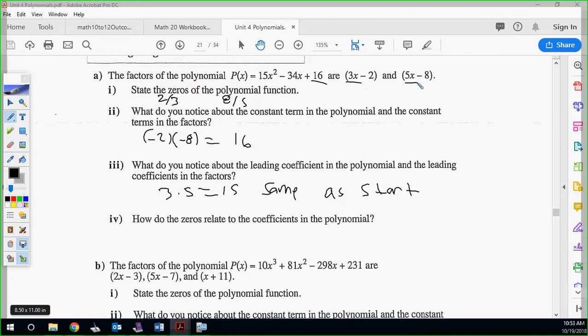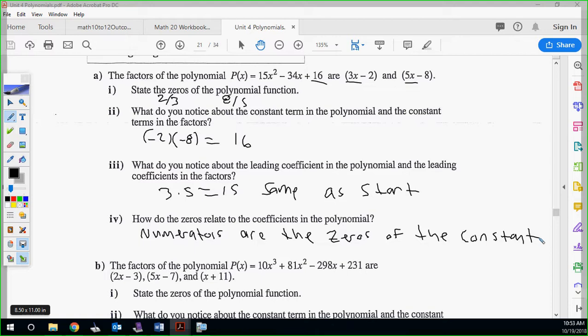How do the zeros relate to the coefficients of the polynomial? The 3 is the bottom. The 5 is the bottom, right? They're the denominator. So the numerators are the zeros of the constant. What I'm saying here is, up here we've got 2 and 8.